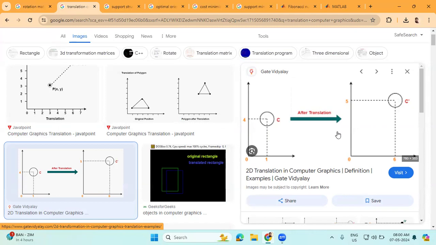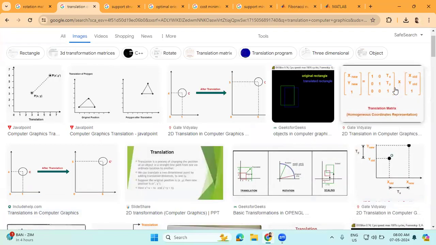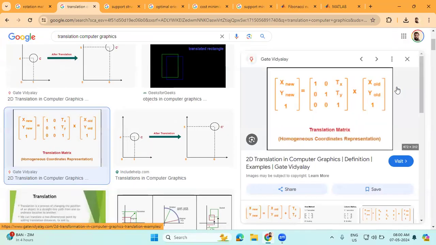There are different ways to interpret a translation. One way is to see it as the addition of a constant vector to every point in the space.